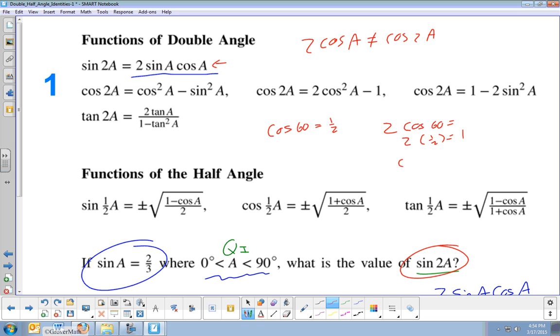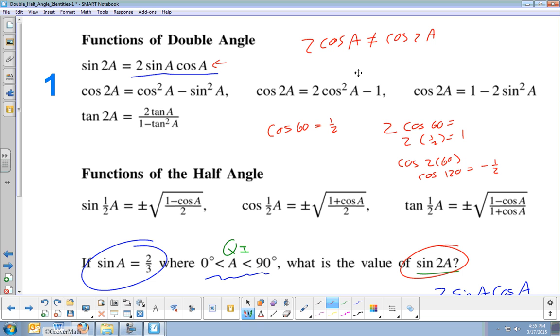However, cosine 2 times 60 is actually multiplying 2 times the angle. So that's cosine 120. And cosine 120, well, let's see, that's quadrant 2. It's 60 away. It would be negative 1/2. You can type it into your calculator if you don't trust me, but negative 1/2 and 1 are not the same thing.